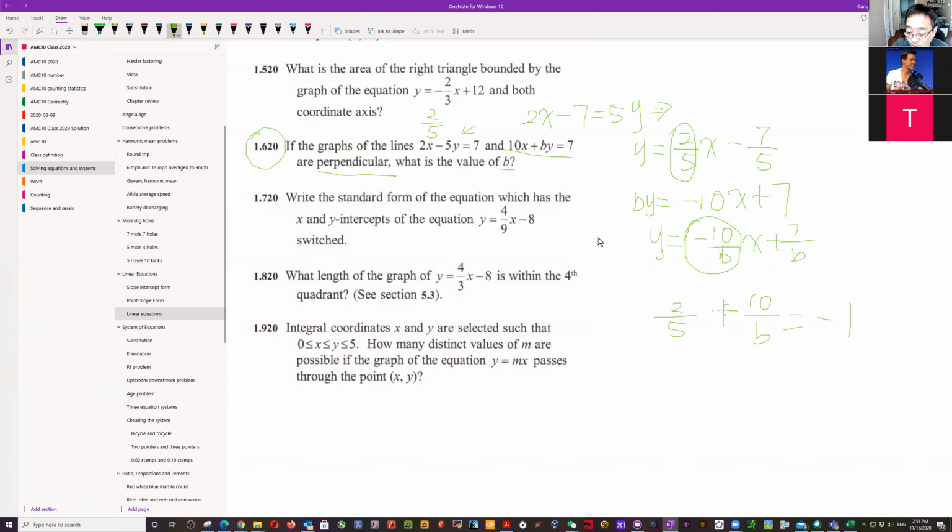We can cancel the negative one on both sides, so 20 is equal to 5b, and b equals 4. So a lot of the time you will have to interpret whatever is in the problem as the definition of the slope, change the format between forms, and then do the problem.